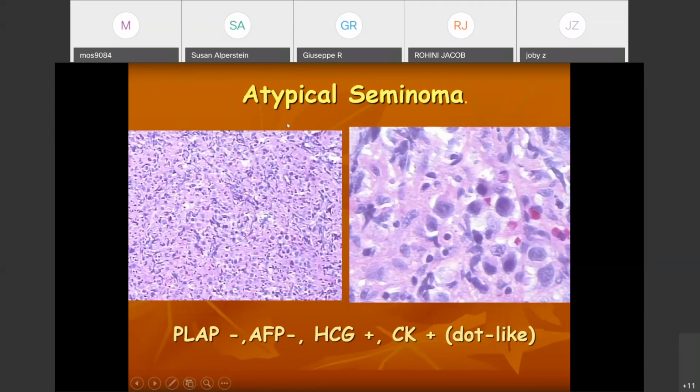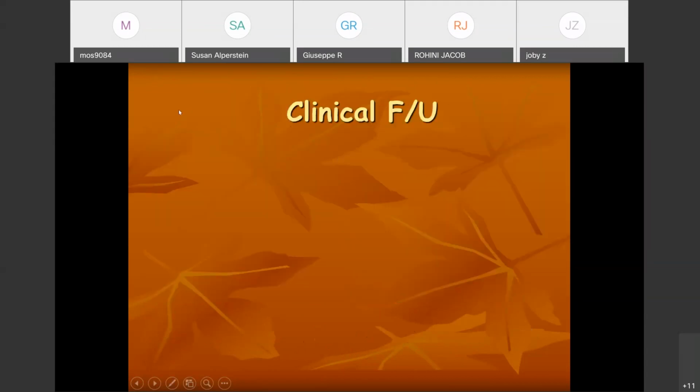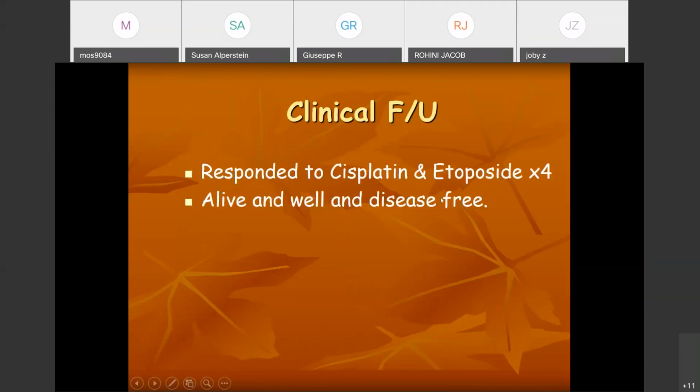So it was signed out as atypical seminoma. Clinical follow-up: he responded to cisplatin and etoposide, is alive and well, and now disease free. So it's a happy story. Now he can breathe.